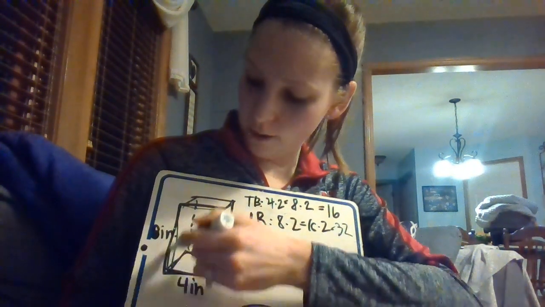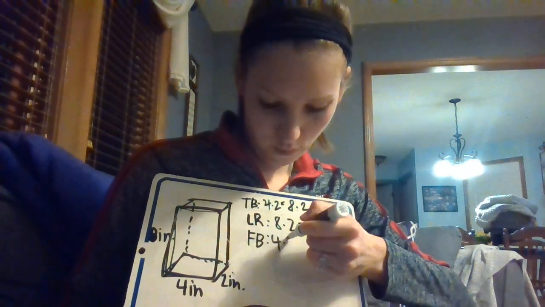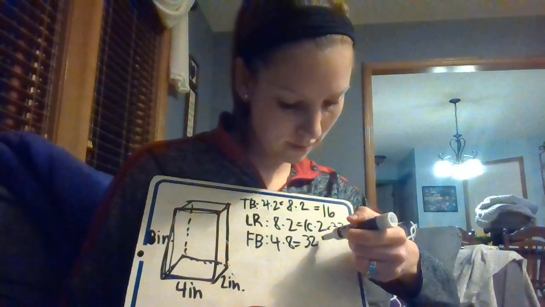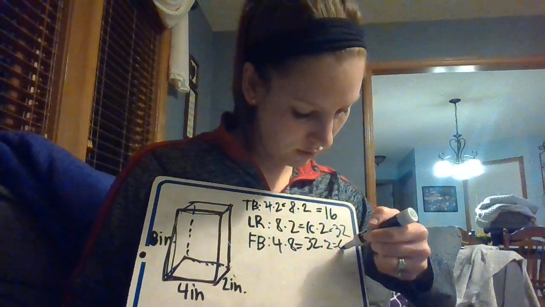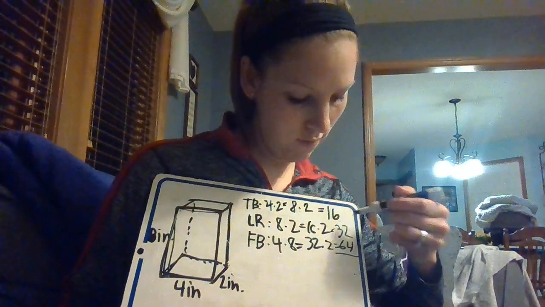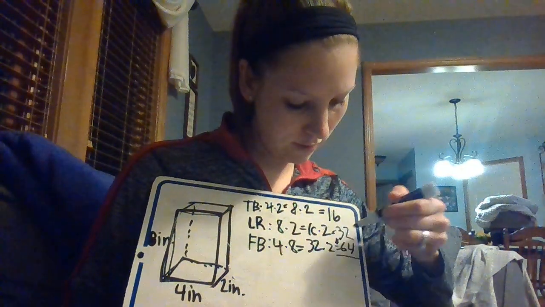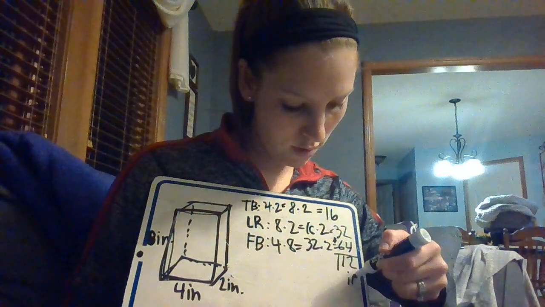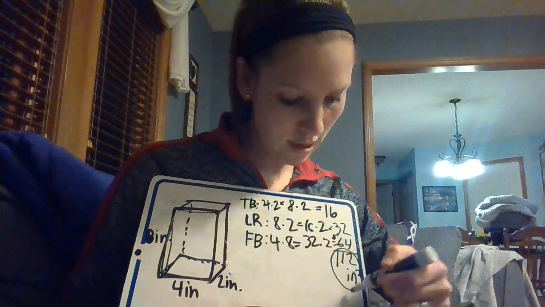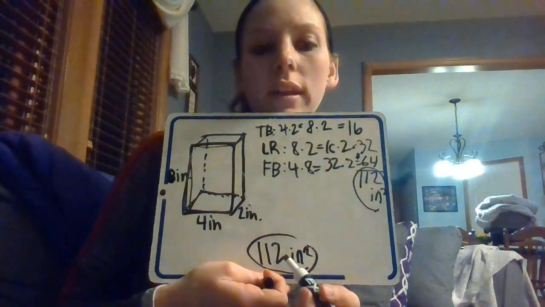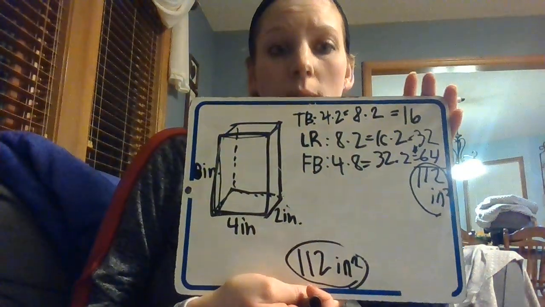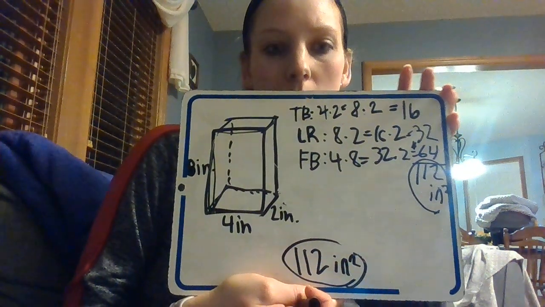My front and my back are 4 by 8. 4 by 8 is equal to 32. But then there's a front and a back, that's 2 sides, which is equal to 64. And then I add up all those things together to give me my total, which is again 112 inches squared. I get the same answer whether I draw a net or I do it this way. It's just 2 different ways to think, and it's totally up to you on what you decide to do here.